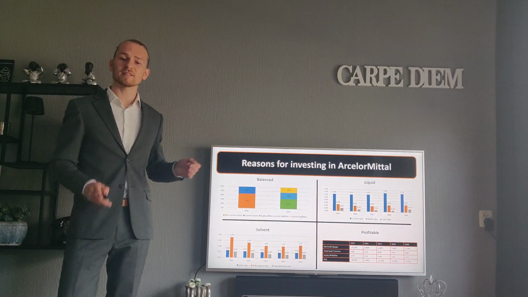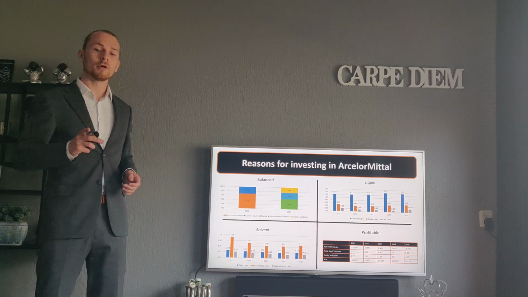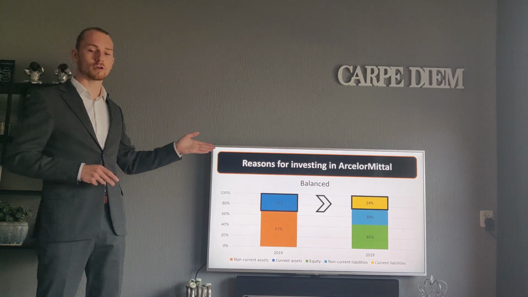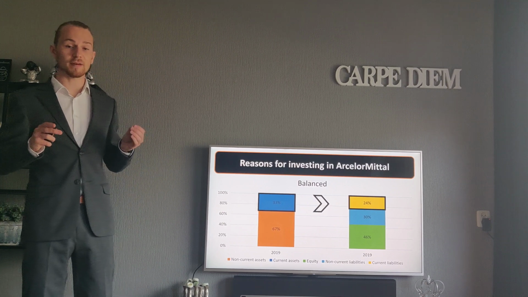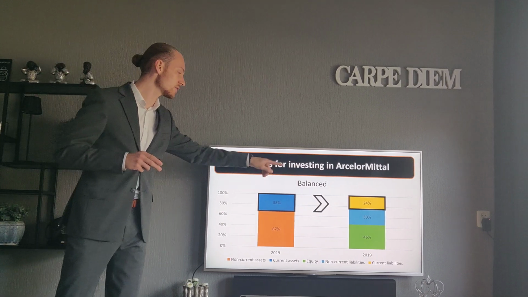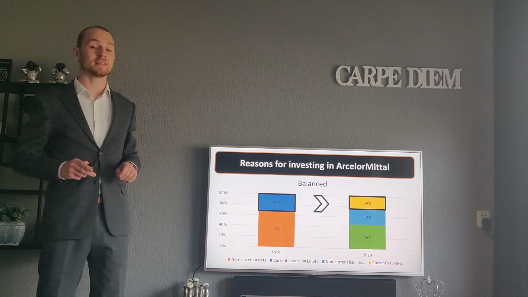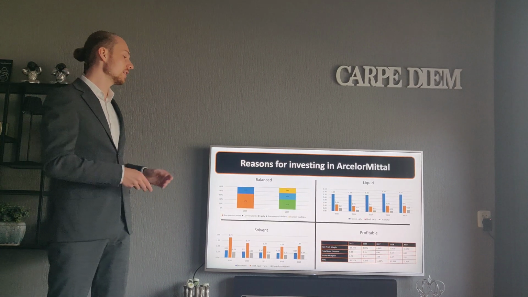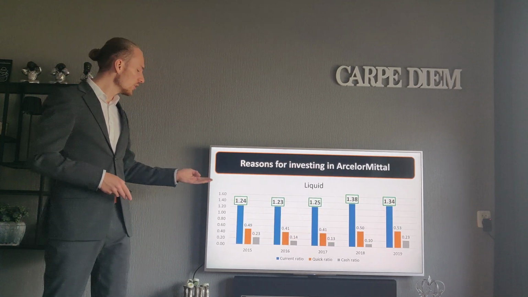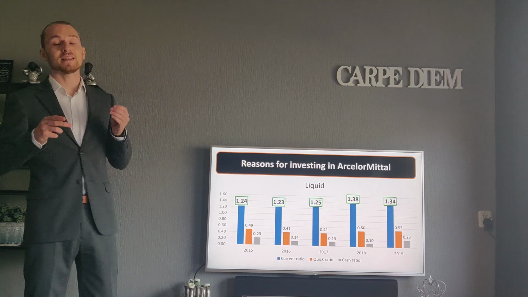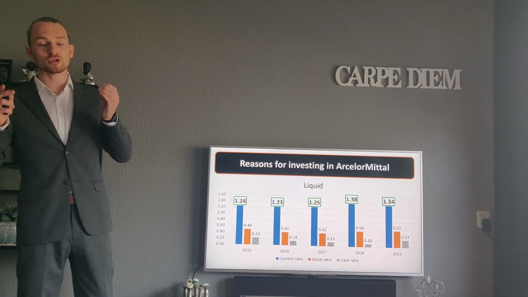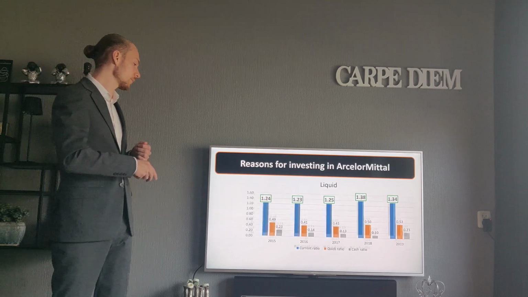Why should you invest in ArcelorMittal? First of all, it's a balanced company. The working capital is for all 5 years positive because the current assets are bigger than the current liabilities. Secondly, it's a liquid company. The current ratios are consistently above 1, which means that they can meet the financial short-term obligations.